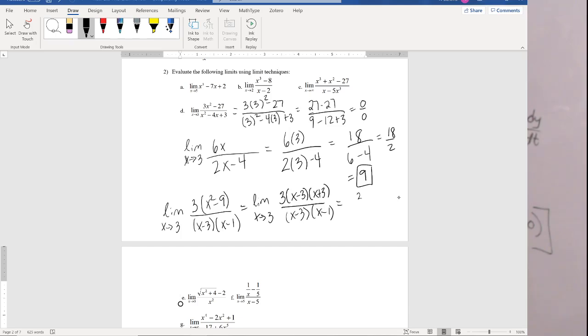So on top I get 3 times x plus 3 over x minus 1, because these cancel. And if I plug in, this would be 3 times 3 plus 3 all over 3 minus 1. That's 3 times 6 over 2. We get 9 again.